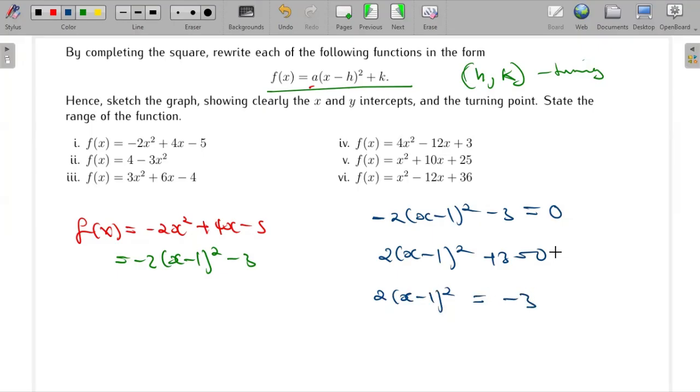Now this should be a key indicator that when you reach here, you can't sketch. Can someone tell me why we can't sketch this one on the xy plane? Why can't we proceed sketching on the xy plane?